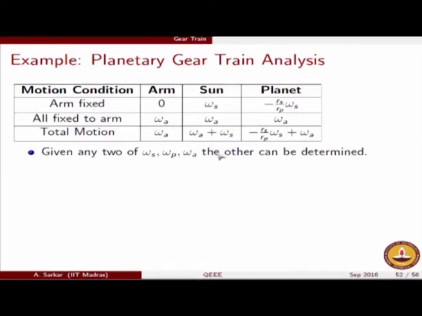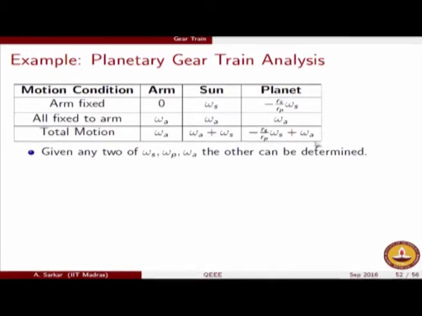Therefore if you know any two of them, say the motion of the arm and the sun, then you know omega a, and you also know omega a plus omega s. If you know omega a plus omega s and you also know omega a, then nothing stops you from finding omega s. And if omega s and omega a are known, then you should be able to calculate the planet motion also by substituting the values of omega s and omega a.